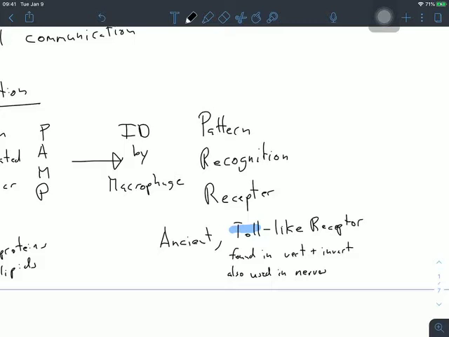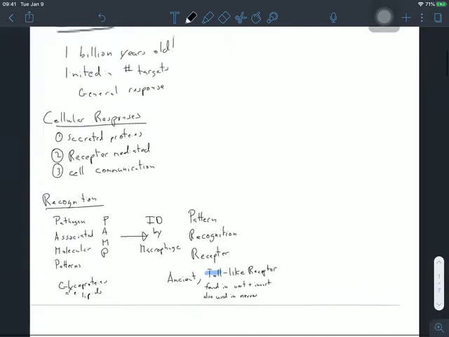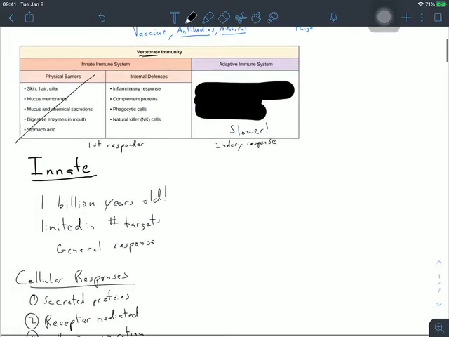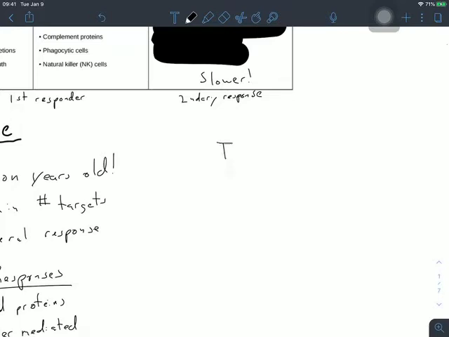Now, when a macrophage is going to be recognizing a PAMP from some sort of foreign invader, you're going to get a number of different responses. Some of these tie back to our internal defenses. The first might be an inflammatory response.